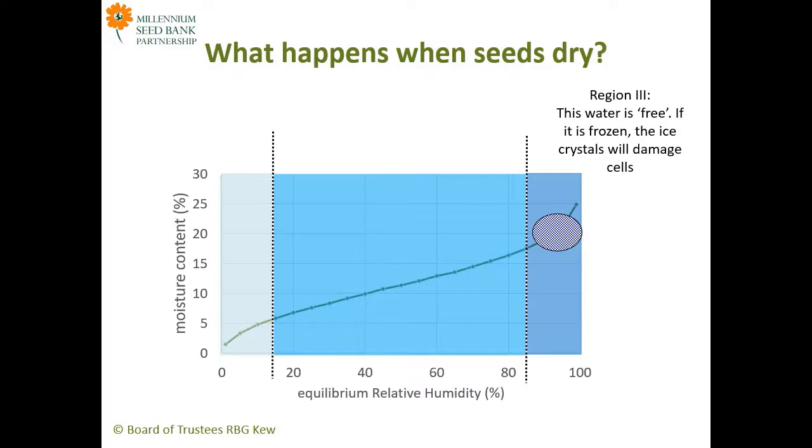This is water that is not related to any physiological activity. When a seed is at this state, normal cellular processes are happening, like growing. The water you find here, this free water, can freeze. So if seeds are frozen without removing this water, ice crystals will form and damage the cells.